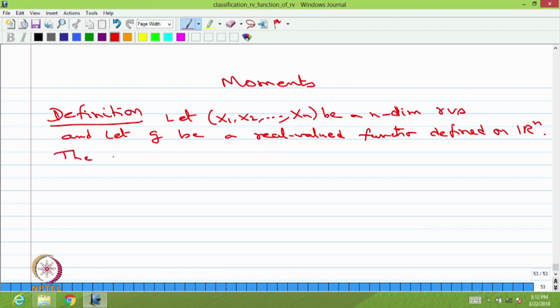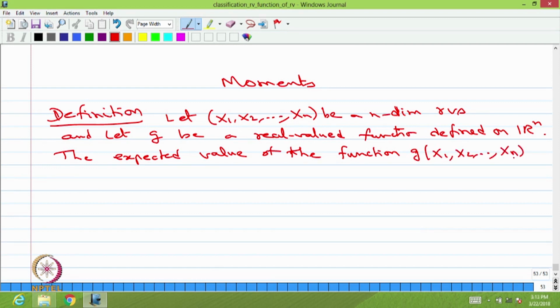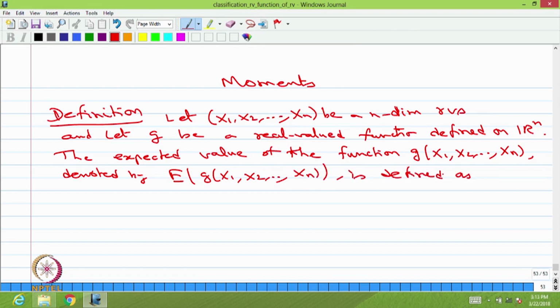The expected value of the function g of X1, X2 and so on Xn, denoted by expectation of g of X1, X2 and so on Xn, is defined as follows.